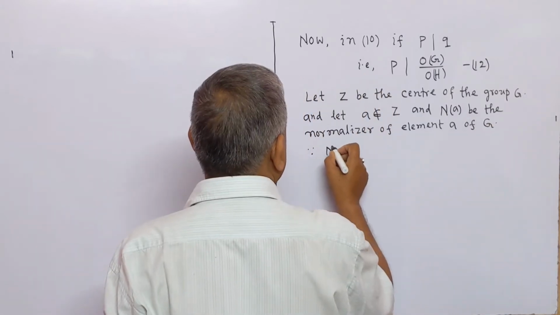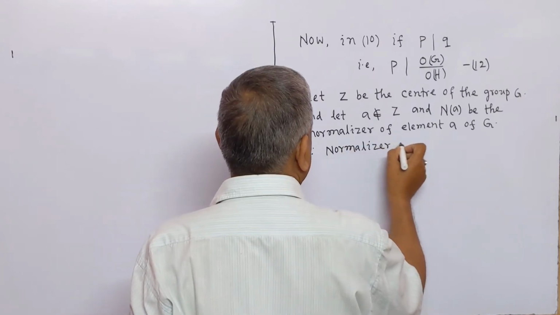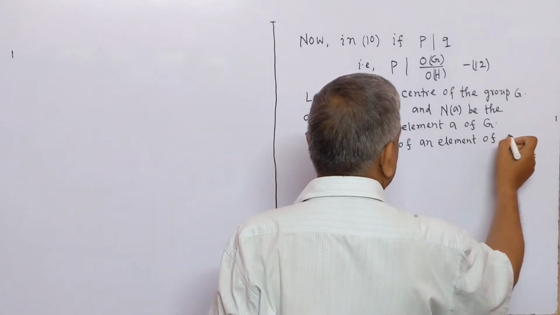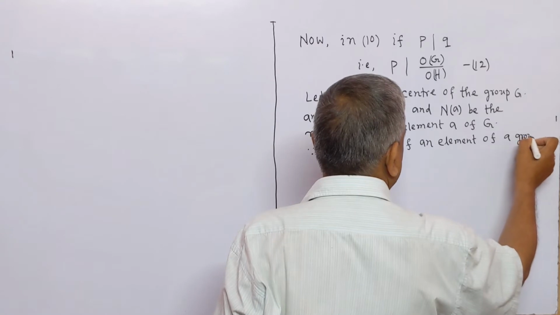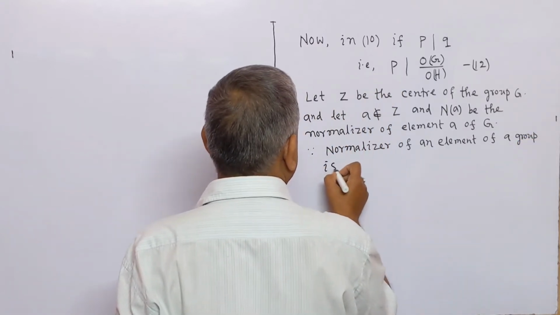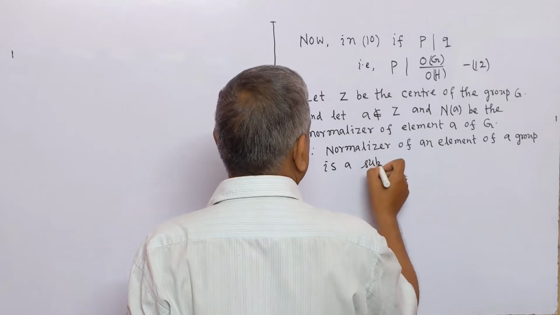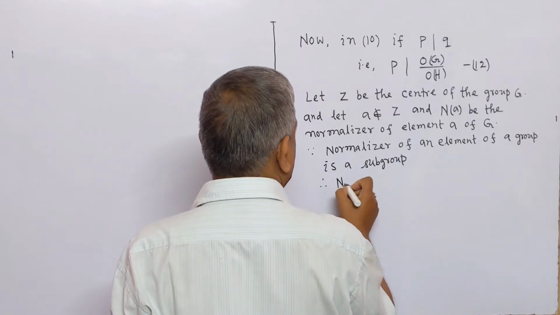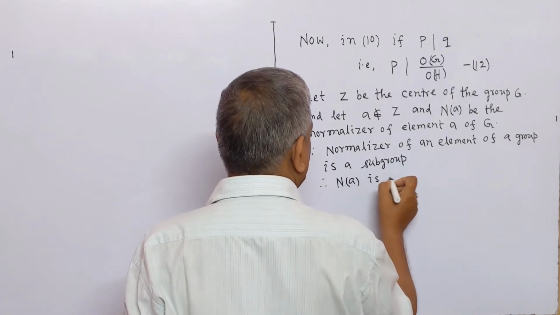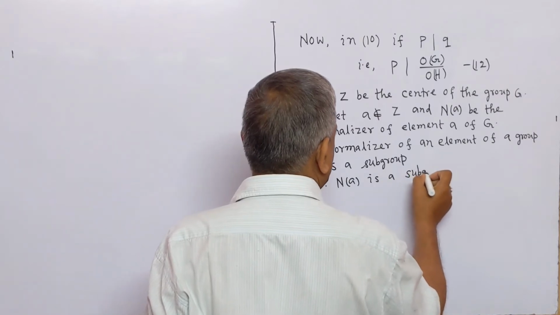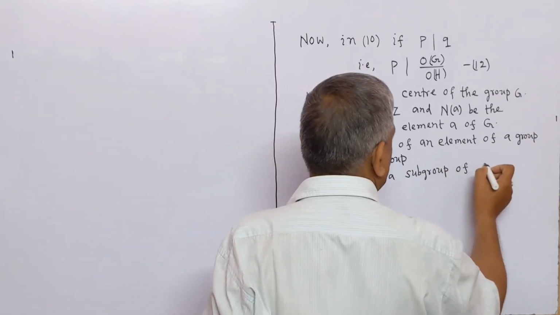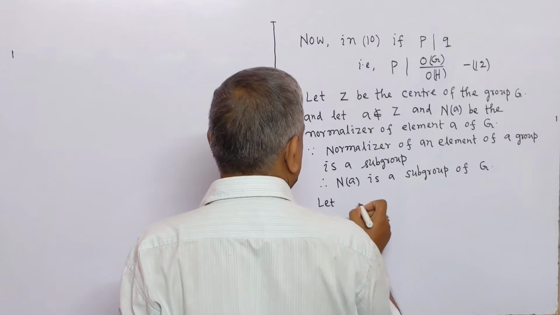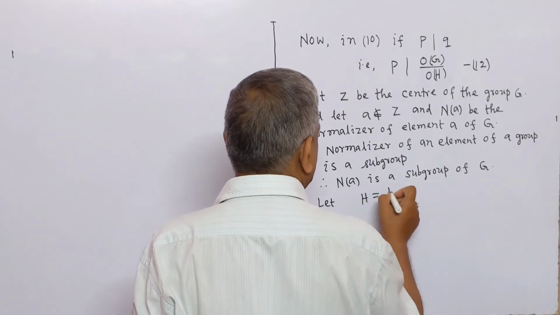Since the normalizer of an element of a group is a subgroup, therefore NA is a subgroup of G. Let H equal NA.